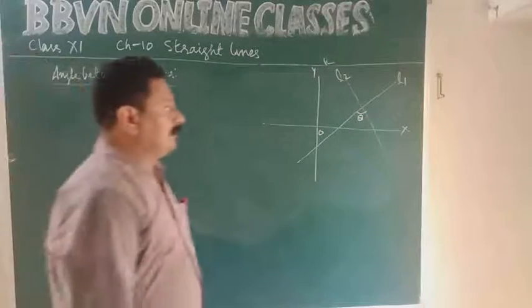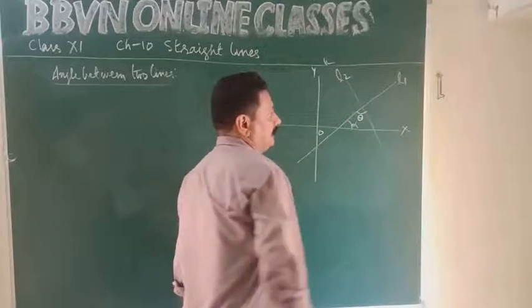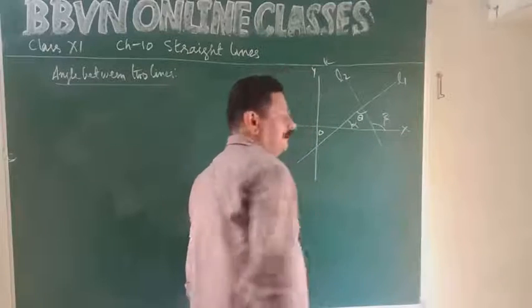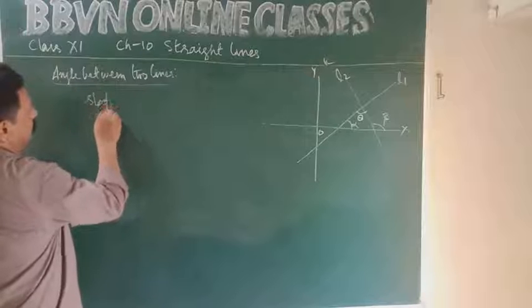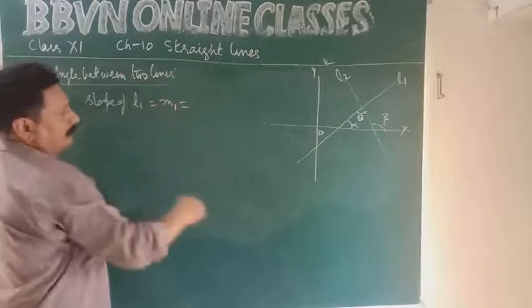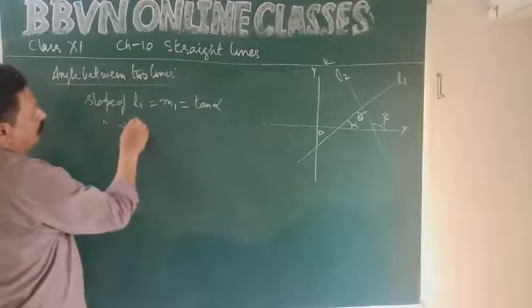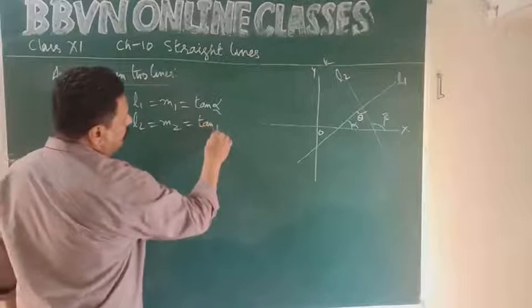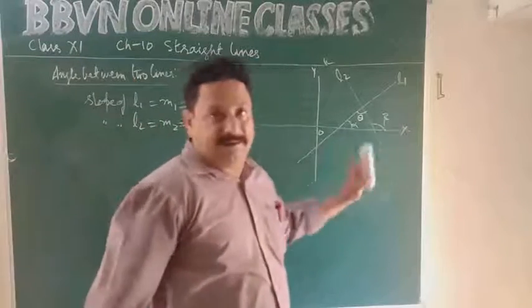Let us assume that line L1 makes an angle alpha with the x-axis and line L2 makes an angle beta with the x-axis. So the slope of line L1, m1, is equal to tan alpha. The slope of line L2, which we represent by m2, is tan beta. The angle between lines L1 and L2 is theta.